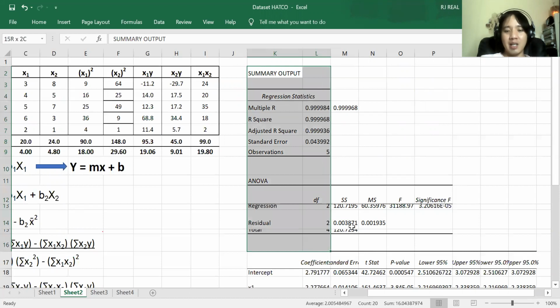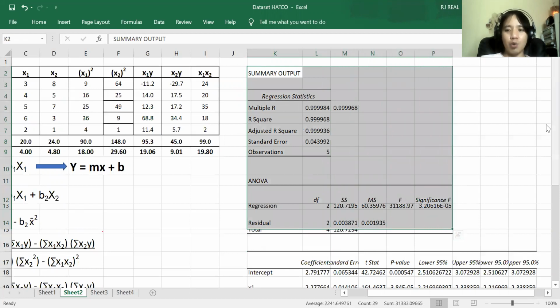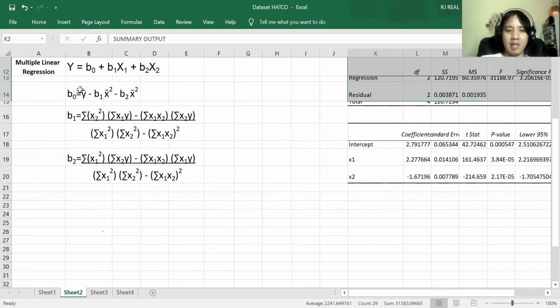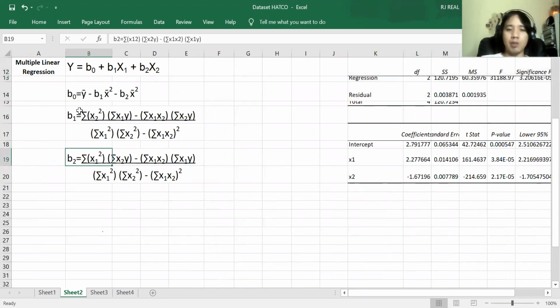So what I am implying here is that let's focus on the results of this table, the marginal probability effect. Because what I am going to show is where you can see the values of beta 0, beta 1, and beta 2. Where can we see these in the multiple regression analysis output?